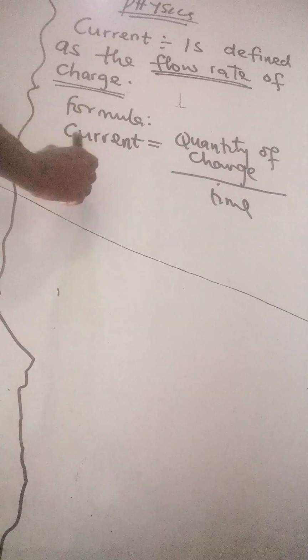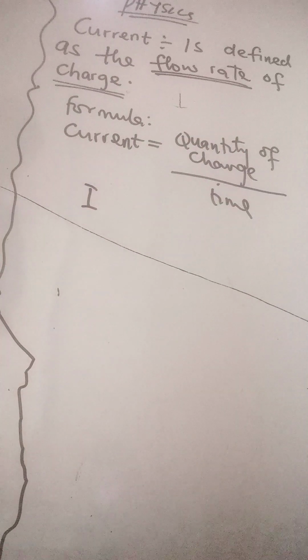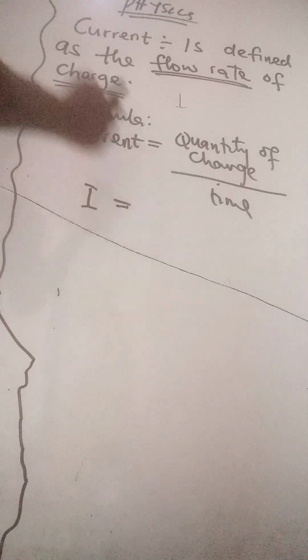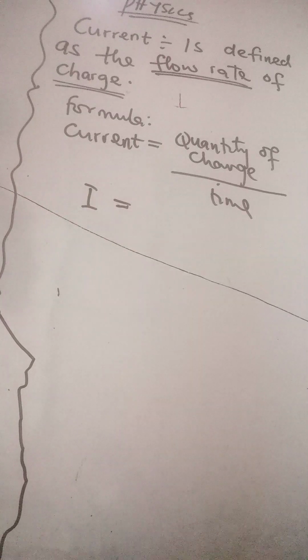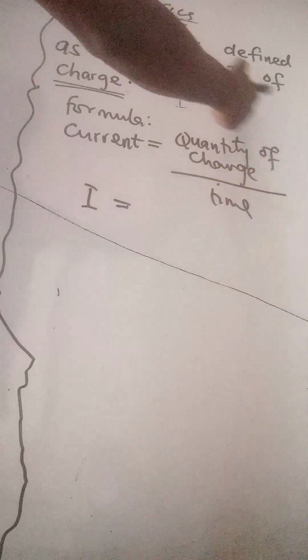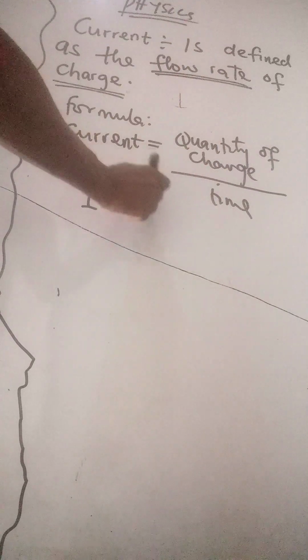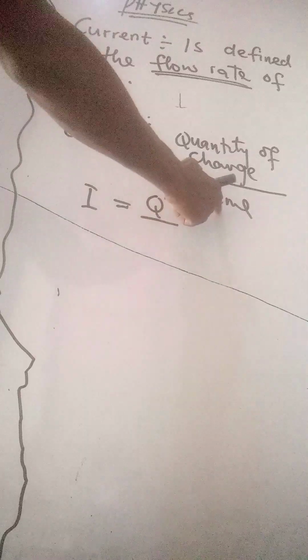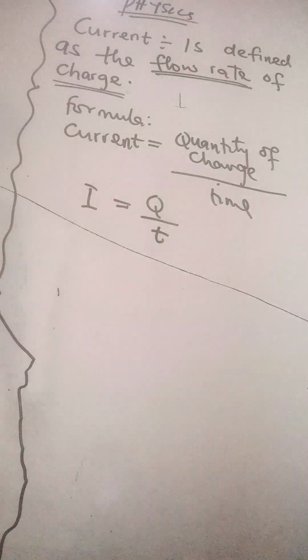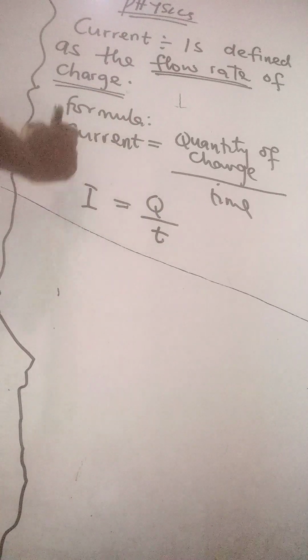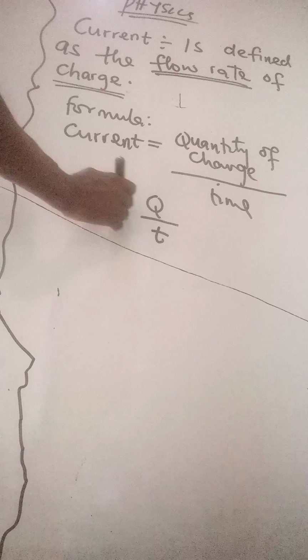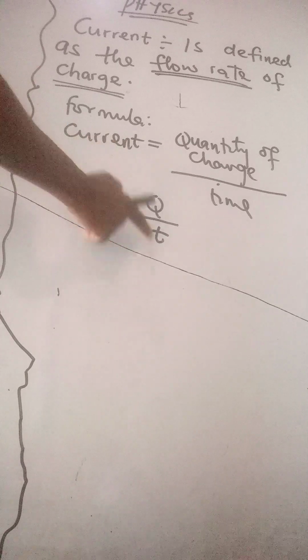The symbol for current is capital letter I. And in the previous video, the symbol for quantity of charge is Q, and for time, that is small letter t. So that means current can be calculated with the formula Q over t.